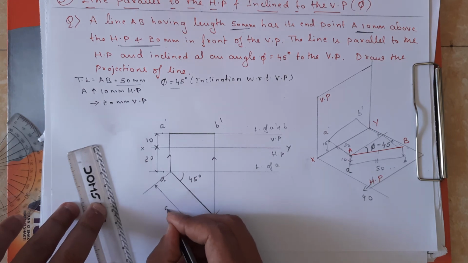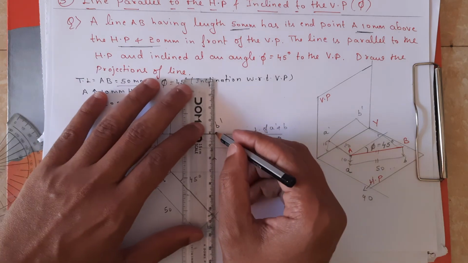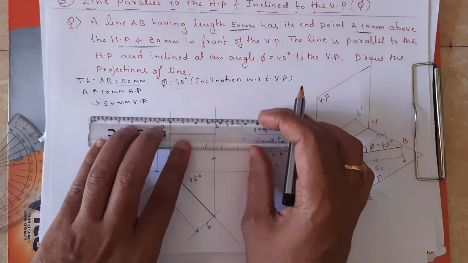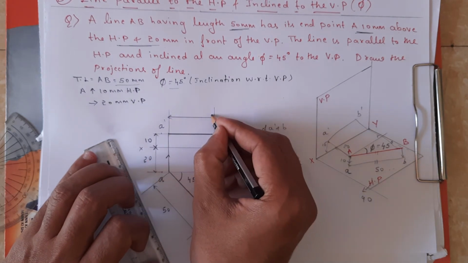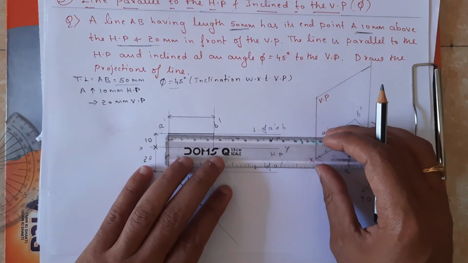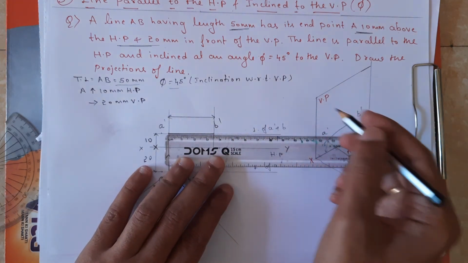So this one is 50. And what is the measurement of this? We need to measure the front view. It is coming around 34 or 35.